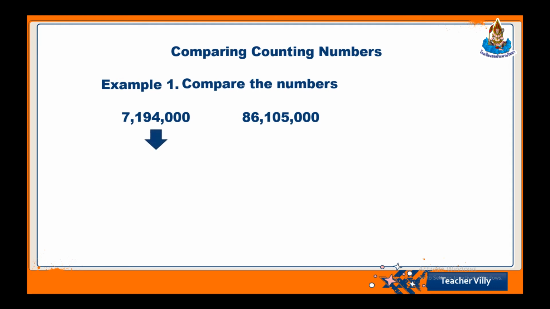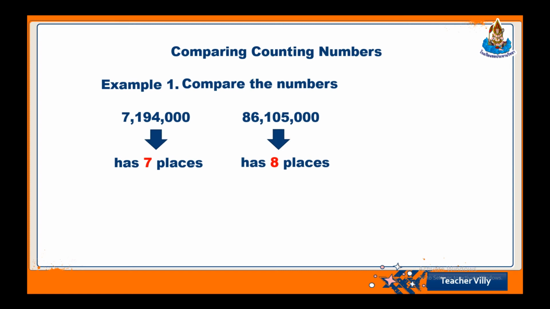The number 7,194,000 has 7 places or 7 digits. We have 1, 2, 3, 4, 5, 6, 7. So we call it 7 places or 7 digits. And the number 86,105,000 has 8 places or 8 digits.